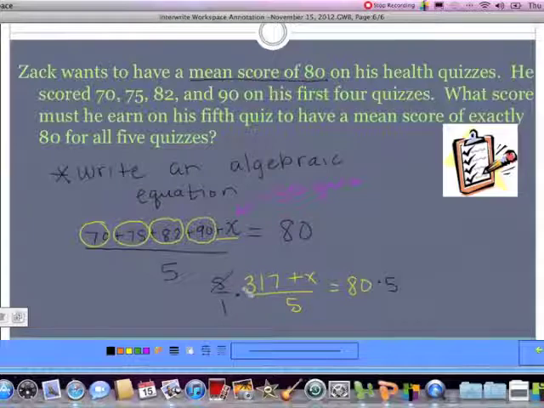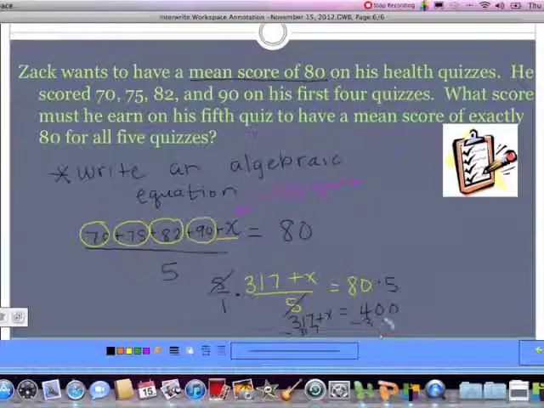And then we'll solve. This cancels. 80 times 5 is 400. 317 plus x will simply come down. And then your last step will be to subtract 317.